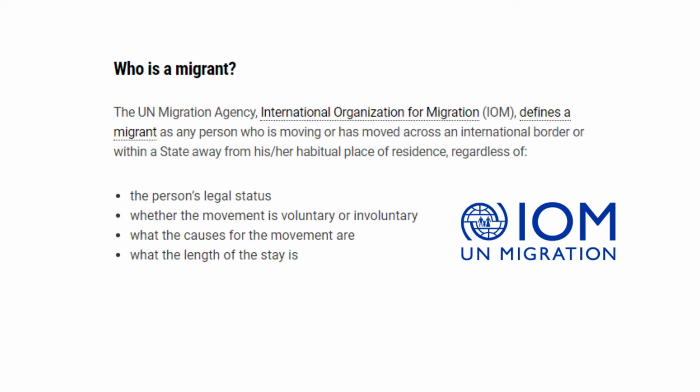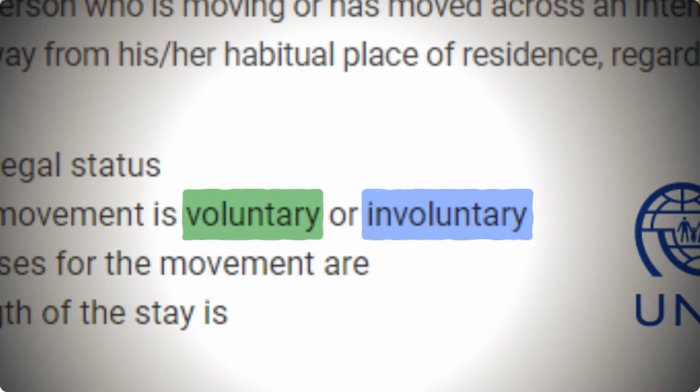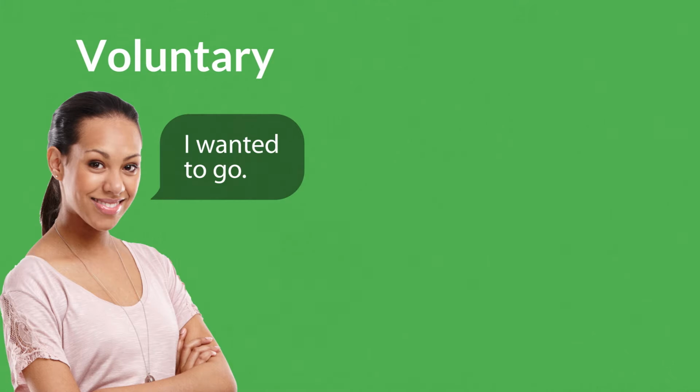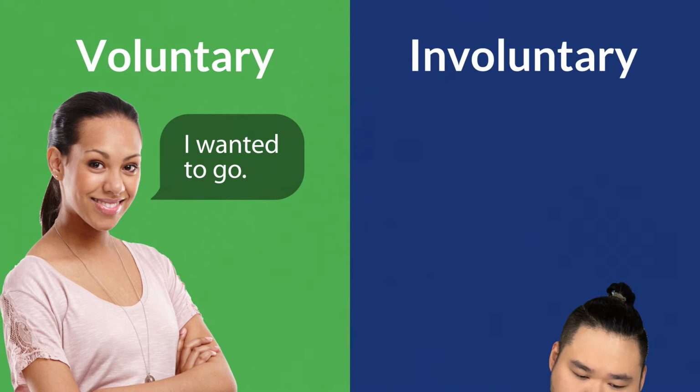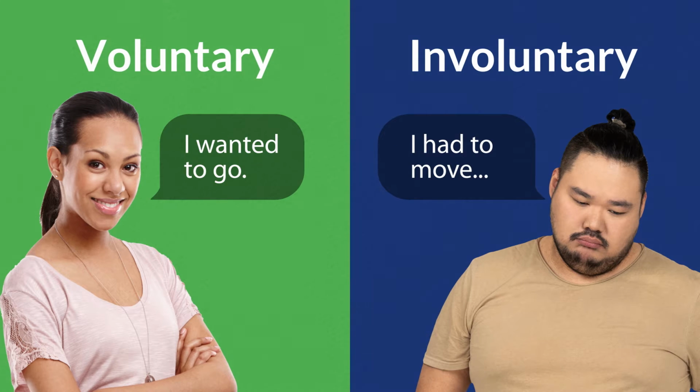Now, what is a voluntary migrant or an involuntary migrant? A voluntary migrant is a person who has moved as a result of their own desires and motivations, whereas an involuntary migrant is a person who has migrated because they've been displaced from their home country for a number of different reasons.